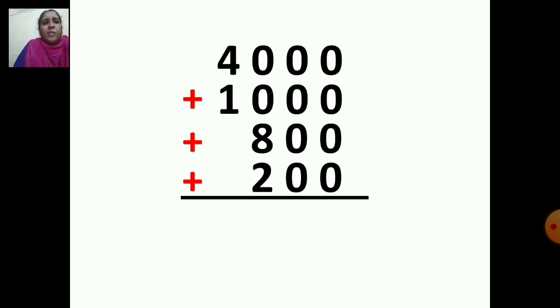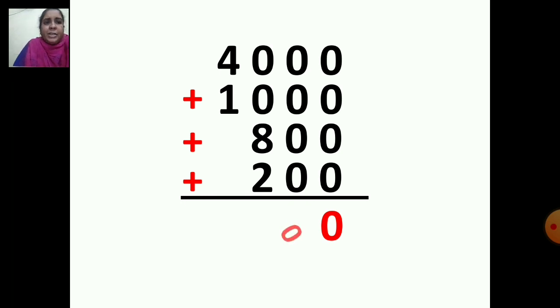So after writing this, you are going to add the numbers. So first what will come? 4,000, then 1,000, then 800, then 200. Okay. After arranging it vertically, now you are going to add. So first we are going to start from units, please. 0 plus 0, 0. Second tens place, again all zeros are there. So what will be your answer?